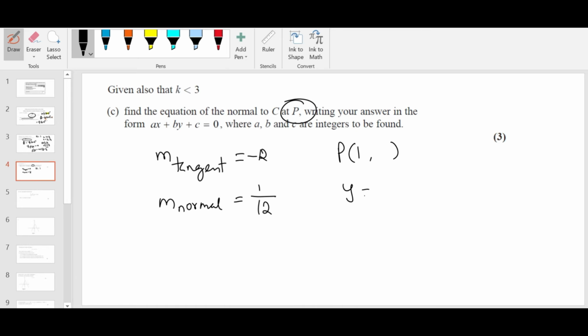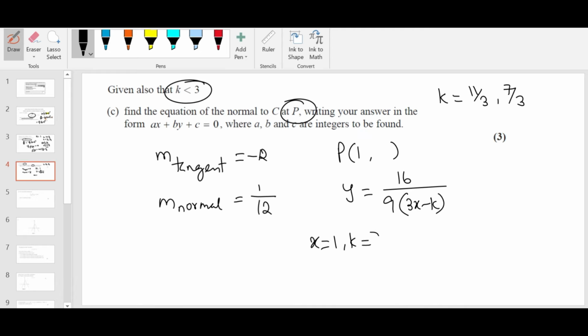Y is equal to 16 over 9 times (3x minus k). That's the function. It says k is smaller than 3. We got two values of k. One is 11 over 3, which is bigger than 3, and the other is 7 over 3. So we need to take 7 over 3. So x is 1, k is 7 over 3. Sub in here into y.